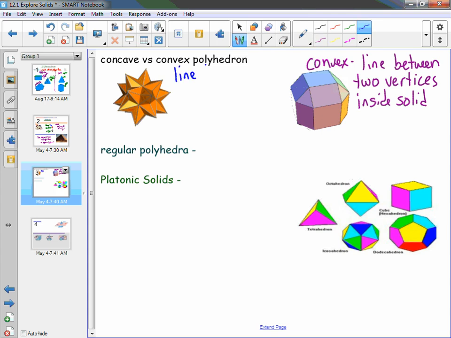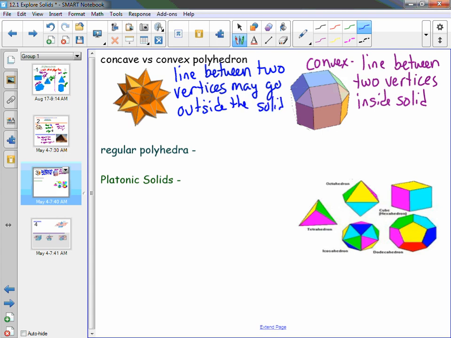Here, the line between two vertices may go outside the solid. So for example, if I pick these two vertices right there, I draw the line between them, that line is completely outside. That makes it concave.